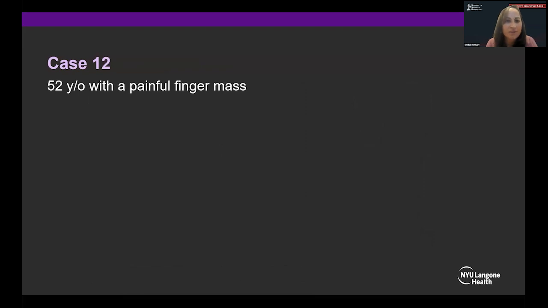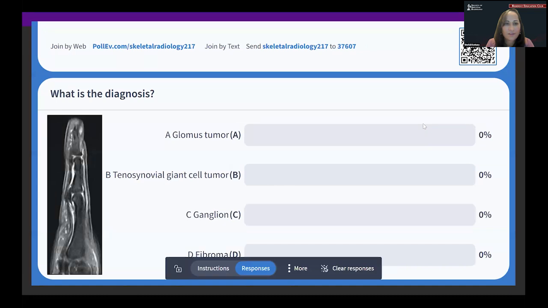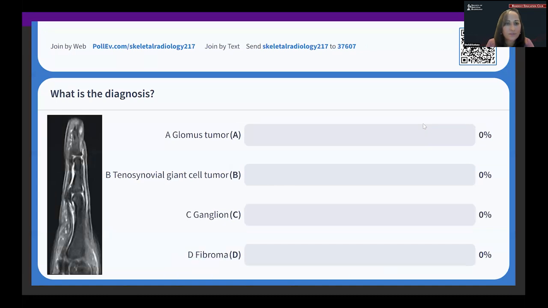Okay, so our next case, we have a 52-year-old with a painful finger mass. So I'll just have you look at these images for a minute, and then we'll move on to our question. Okay, so what is the diagnosis?